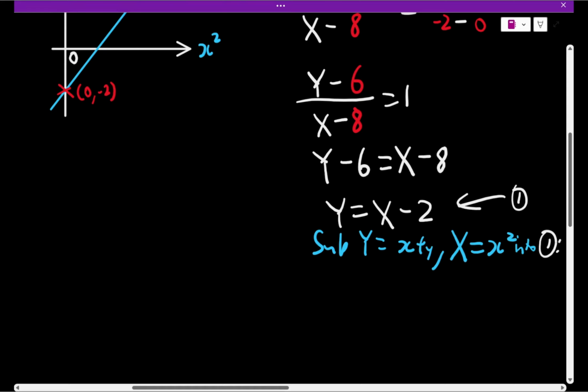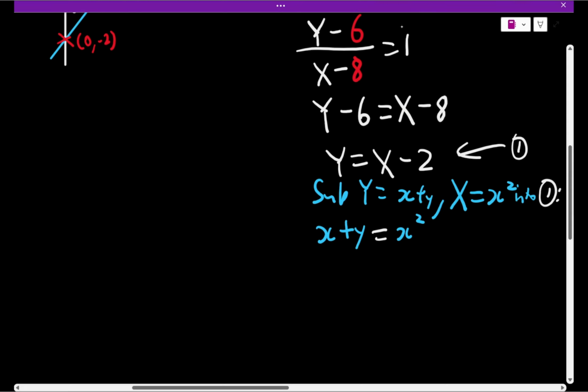So what you get is x plus y is equal to x squared minus 2. We're actually pretty close. We just wanted y in terms of x, so we just have to subtract x on both sides, and we get y is equal to x squared minus x minus 2. And we're done.